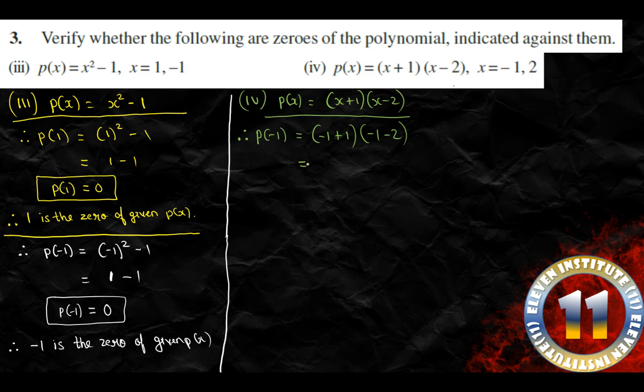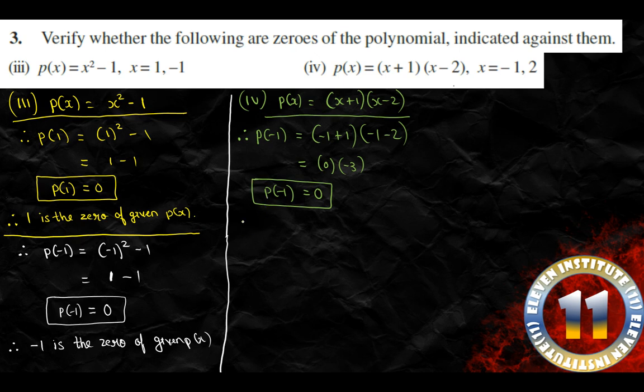So now minus 1 plus 1 is 0, minus 1 minus 2 is minus 3. Anything multiplied by 0 is 0. So what we get is p of minus 1 is equal to 0.